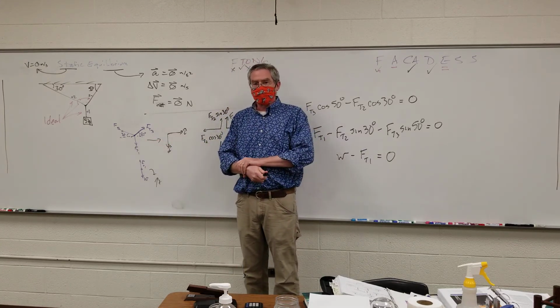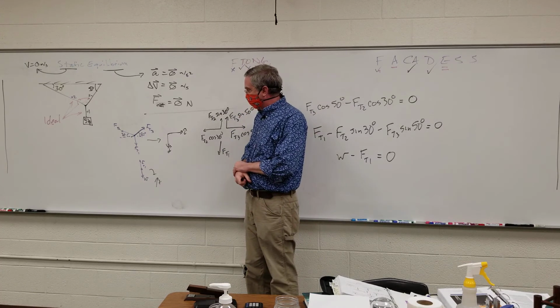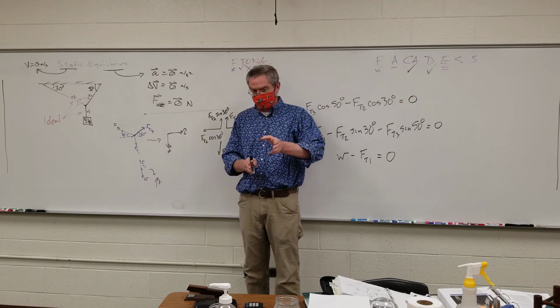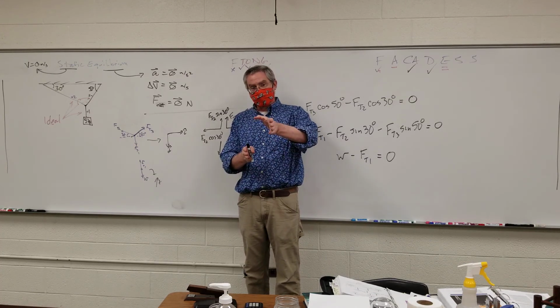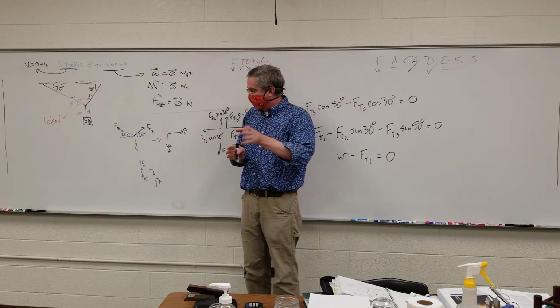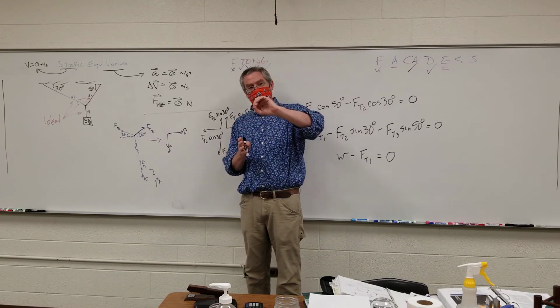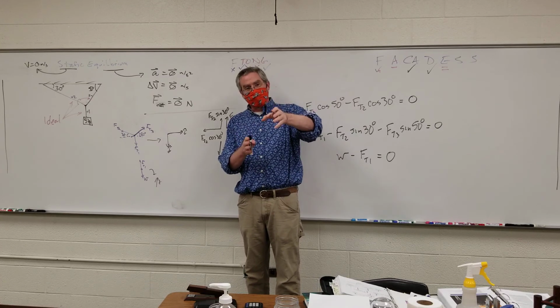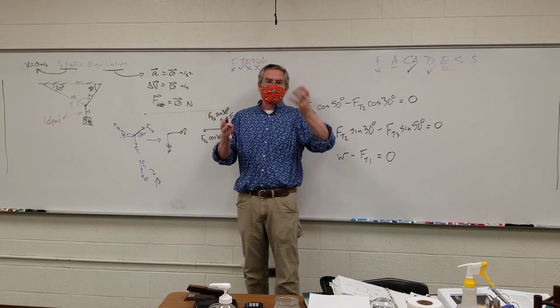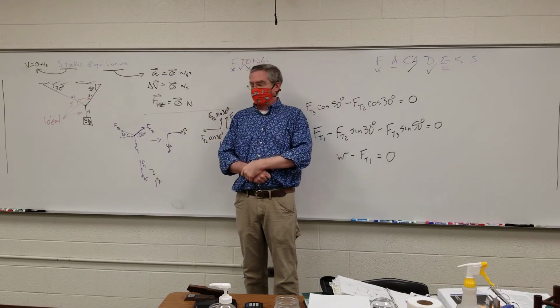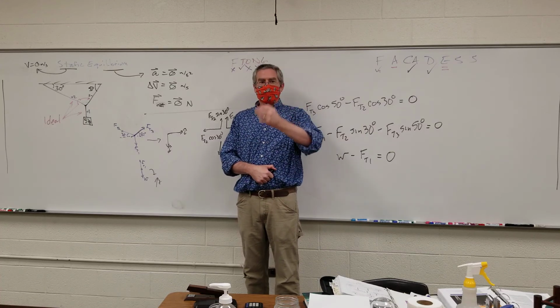Generally, you want both of them to have a positive direction that's in the direction of acceleration, if their accelerations are the same. But since the acceleration is equal to zero, do whatever you need to.